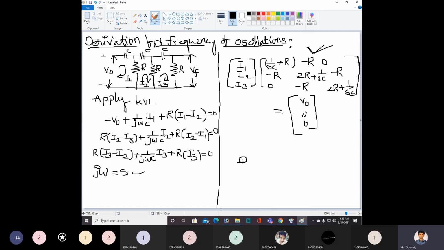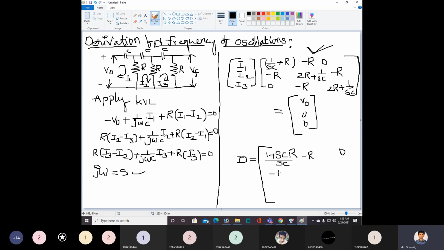D is equals to simplify that matrix: 1 plus SCR by SC, minus R, 0.